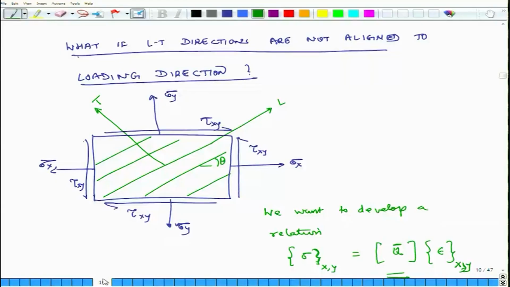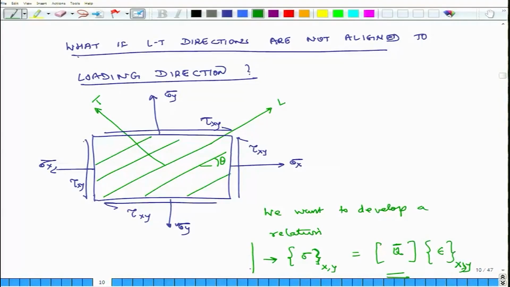And yesterday we had introduced a new topic: what kind of relationship exists between the stress vector, which is sigma x, sigma y and tau xy, and the strain vector referred to with respect to extant directions, and what is the nature of the q bar matrix.